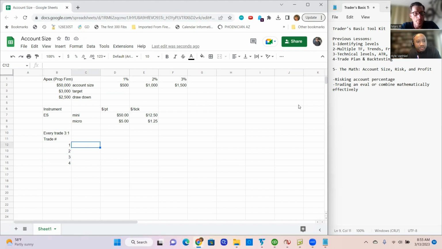So let's say this. If you're trading 3 to 1 and your risk is 3 points, talking about the ES for a second, every trade's 3 to 1 with a risk of 3 points.